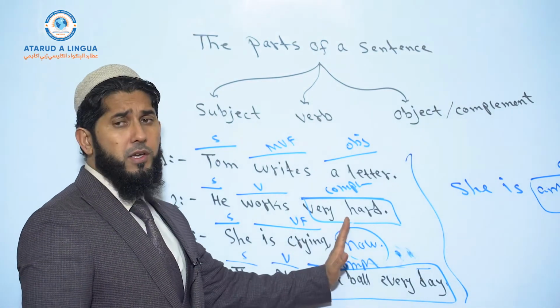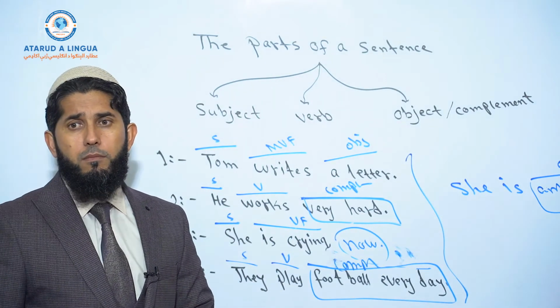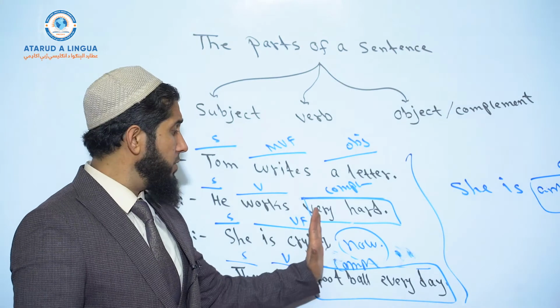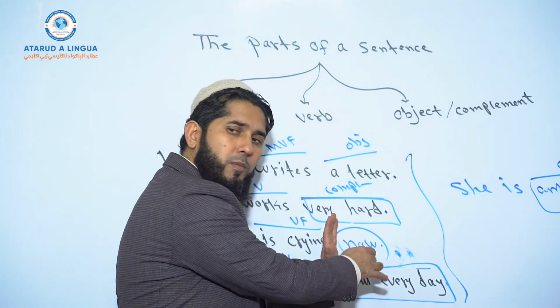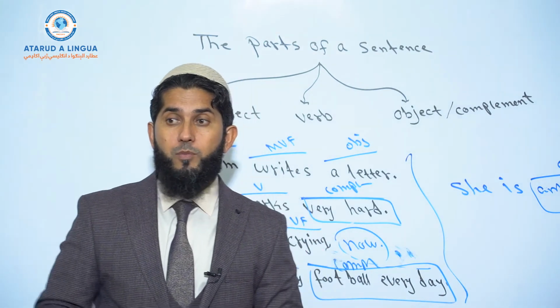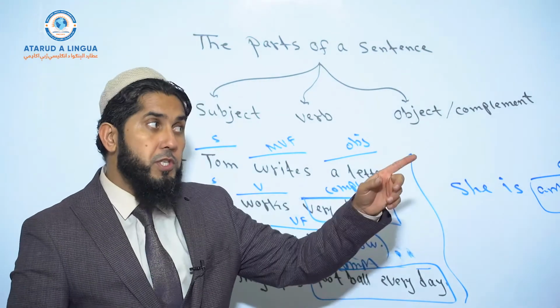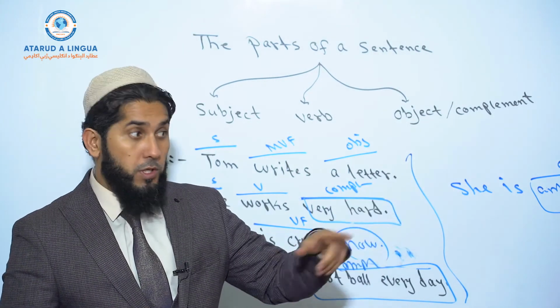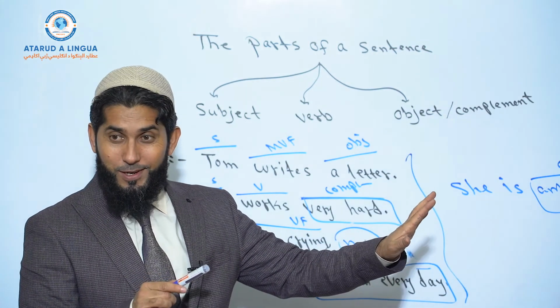And she's crying. Here's another example. She's crying. It gives a complete meaning without using any object or complement. You may say, but if the person is in front of you and they're asking you, what is she doing? Then you say she's crying. Or she's walking. Or she's running.